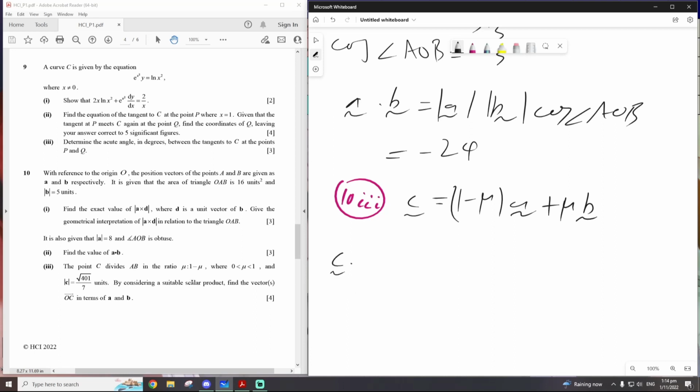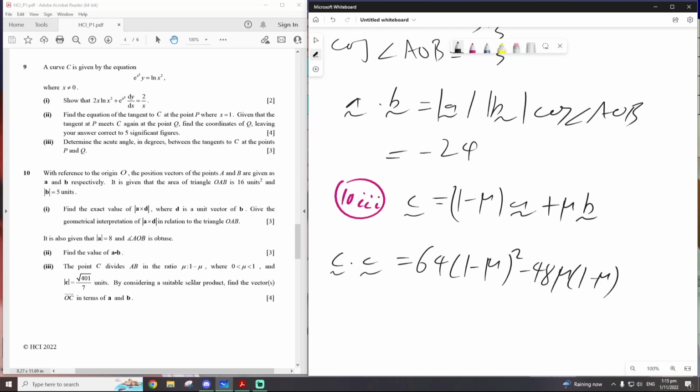So where does that actually take us? Okay, if I do this, I'll get 1 minus mu squared times mod A squared. Mod A squared is 64, so I get 64 times 1 minus mu squared. Okay, then I will have 2 times A dot B, and then multiply the mu and 1 minus mu also, so I get negative 48 mu times 1 minus mu.